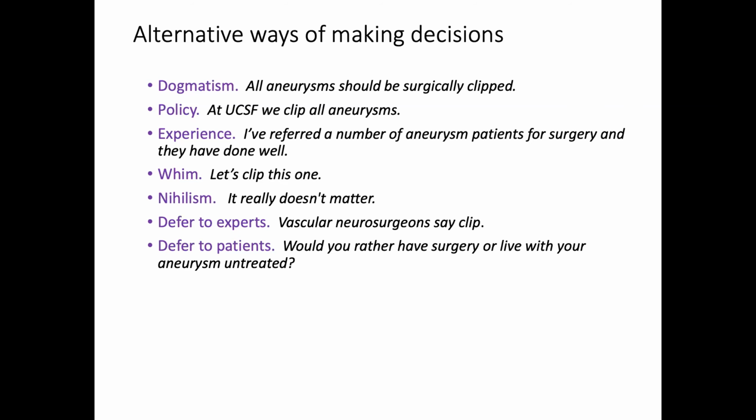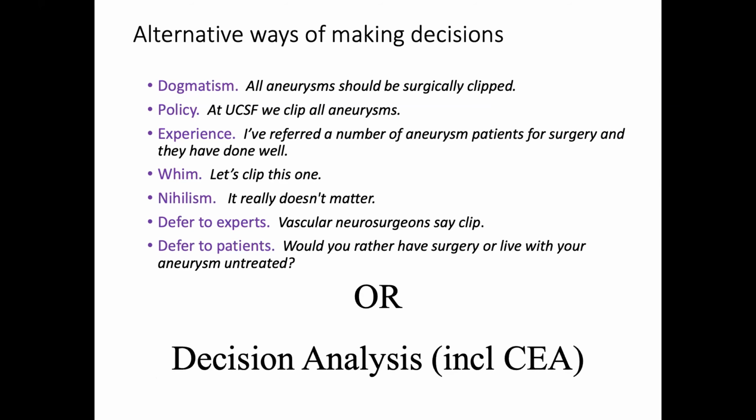Now, I'm not opposed at all to assessing patient preferences. That's really, really important, but sometimes we can defer too much to patients without giving them the right information. So the antidote for these kinds of decisions is to find a bigger role for decision analysis, including cost effectiveness analysis.